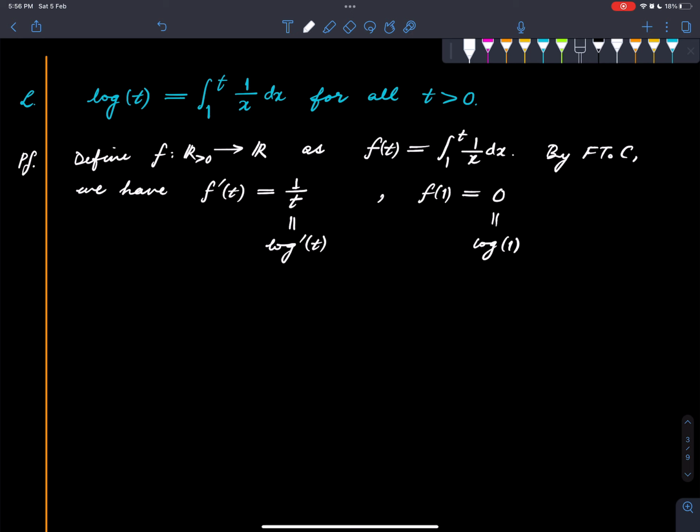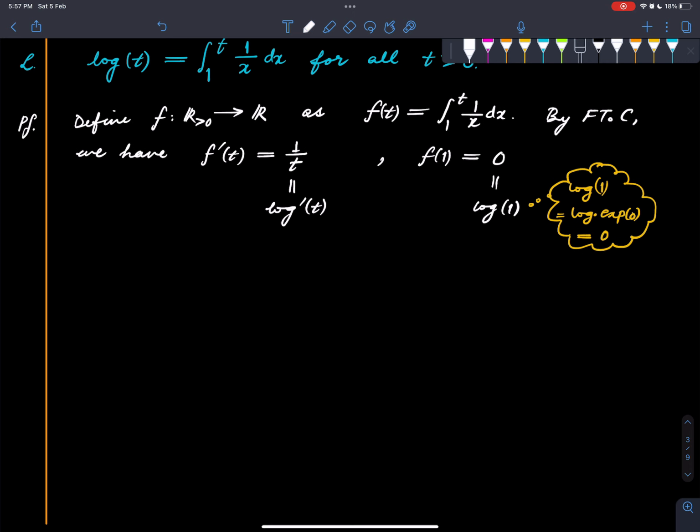Why is that? Because log of 1 is nothing but log of exp of 0. Exp of 0 is 1 by definition of exp. So since log is the inverse of the exponential, we see that log of 1 is 0. Great.